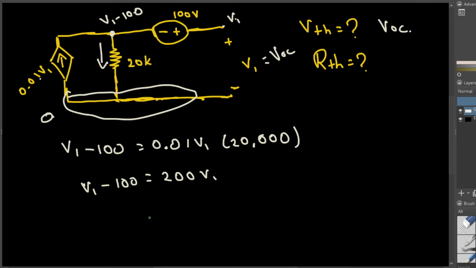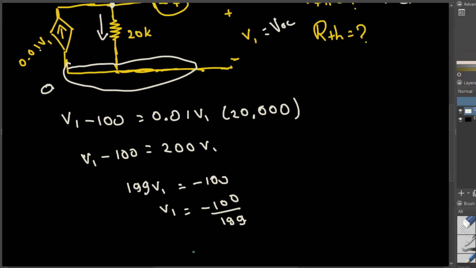Therefore, if I bring this V1 to this side, that's negative 1. So 200 minus negative 1 gives 199 V1, and that's equal to negative 100. Therefore V1 is negative 100 divided by 199, which is negative 0.5025.